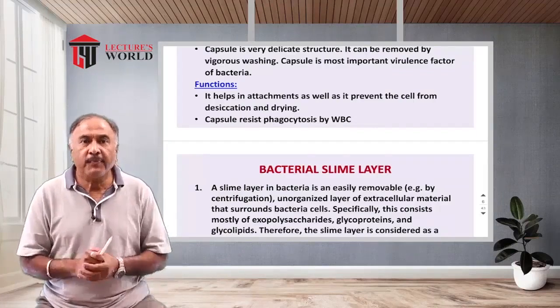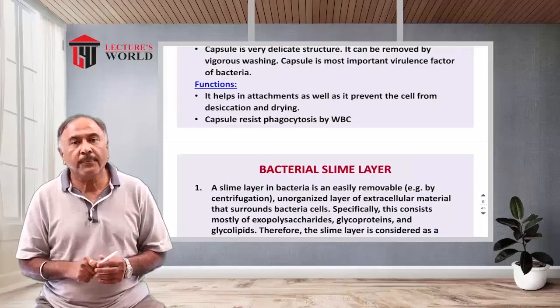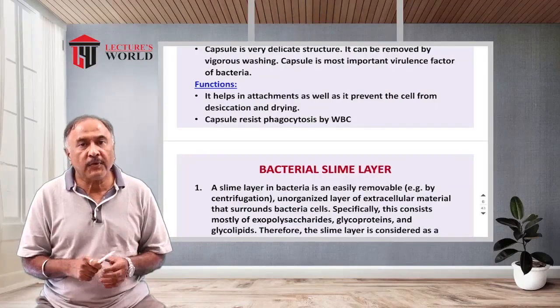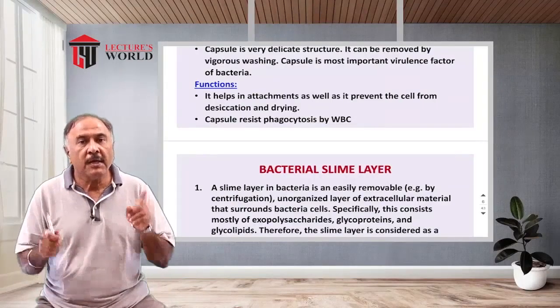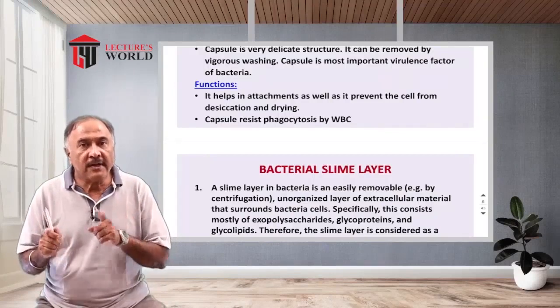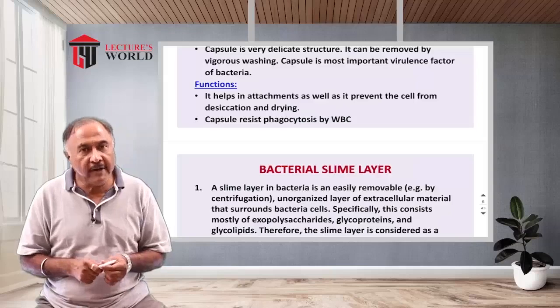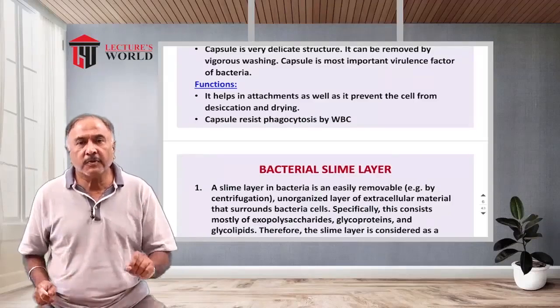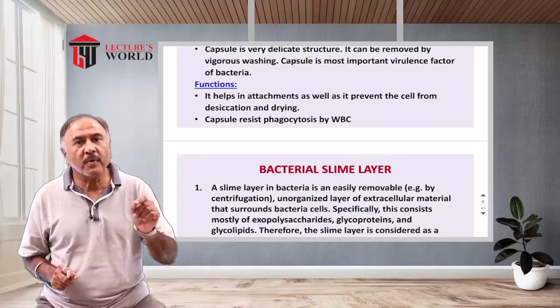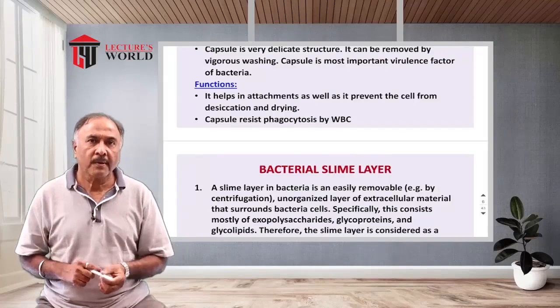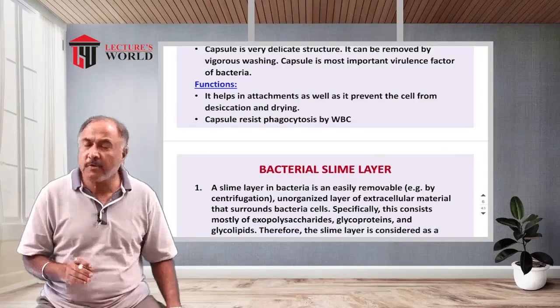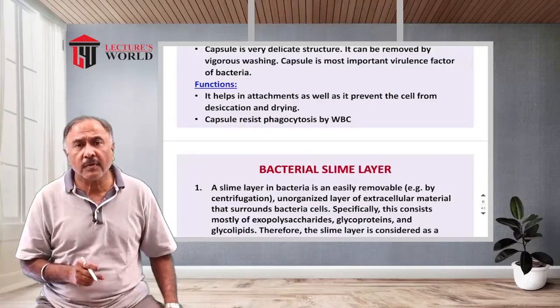In this way, they can escape phagocytosis and as a result can cause a disease in an individual. Examples are very many, but one of the most prominent examples is Streptococcus pneumoniae. So this is about the functions of capsules.